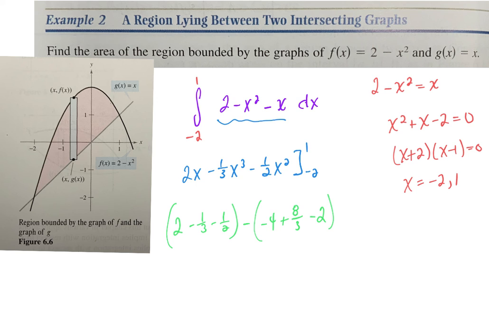Common denominator here is 6, which is going to give me 12, 2, 3. This is going to be 24, 16, and this is 12 over 6. So 12 minus 2, 10, minus 3 is 7. 27 over 6. Yeah, so that is 9/2.